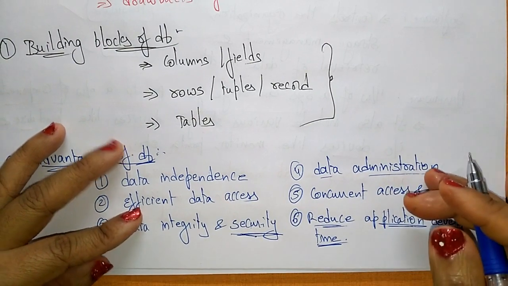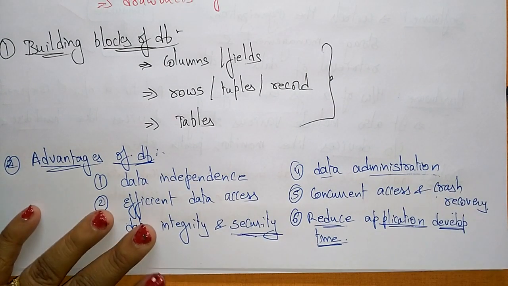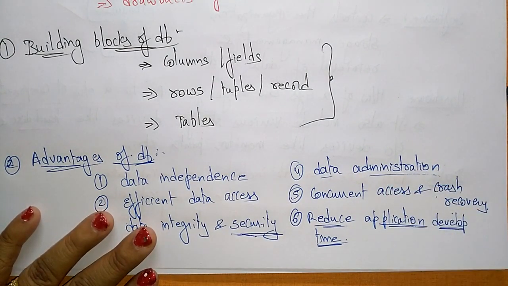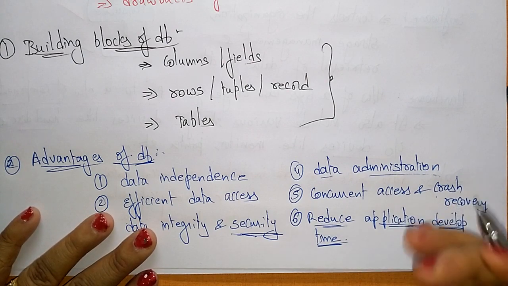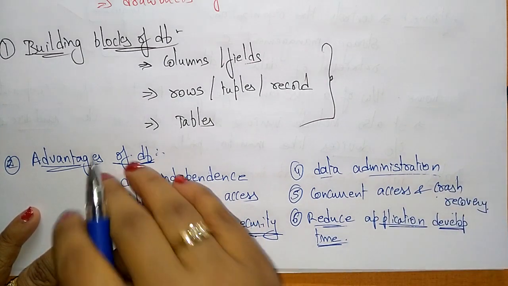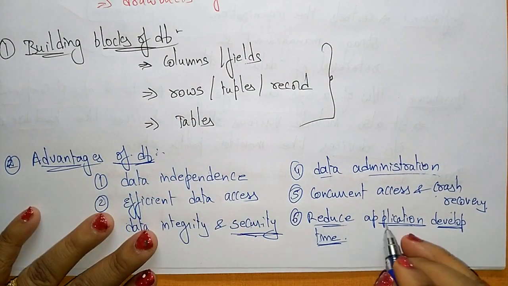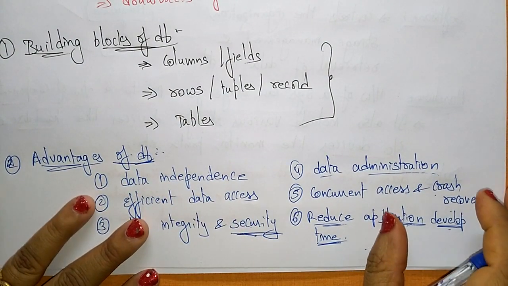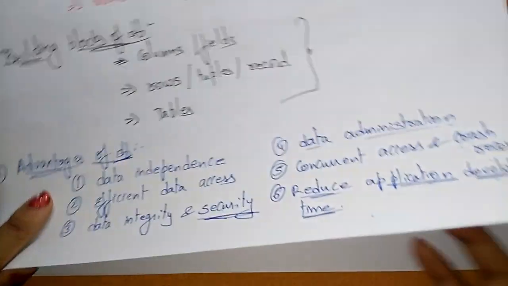So already the tables will be created, or the data is already stored, so it can be retrieved or modified efficiently with fast access. So it is helpful in reducing the application development time. So these are the advantages of using the database.